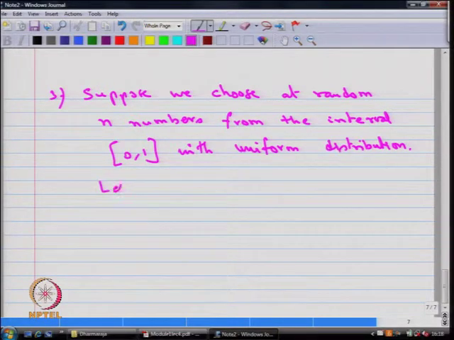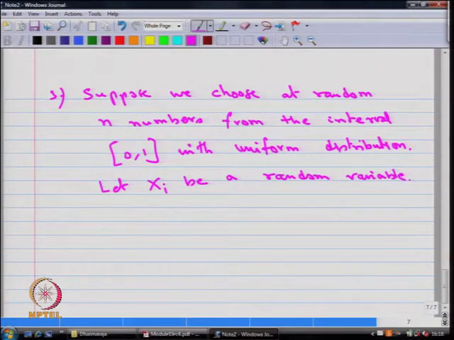Let capital Xi be a random variable describing the ith choice.